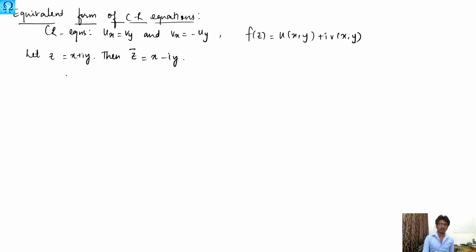Having these notations, we may write the real part x as z plus z bar upon 2, and y as z minus z bar upon 2 iota.